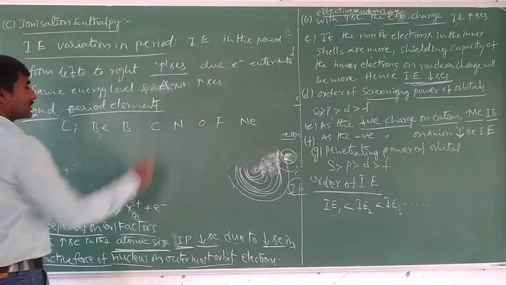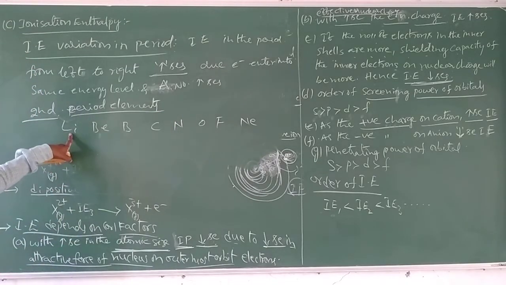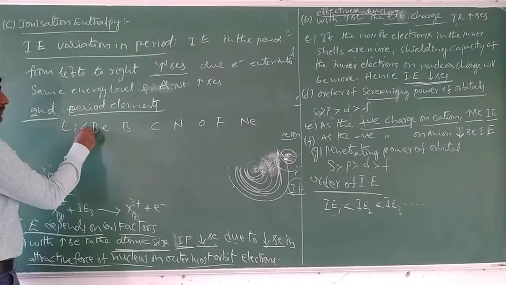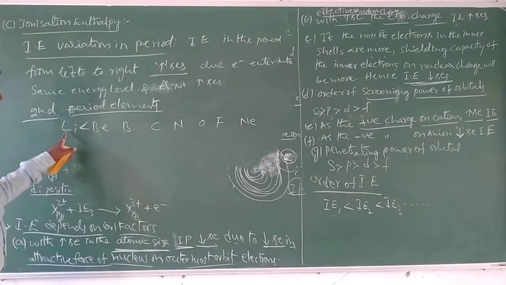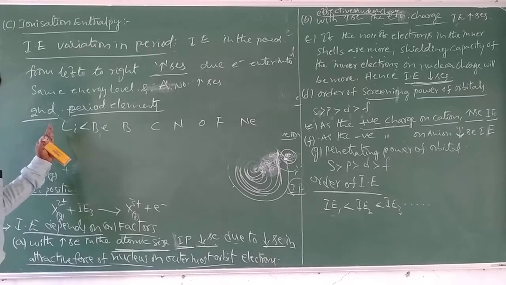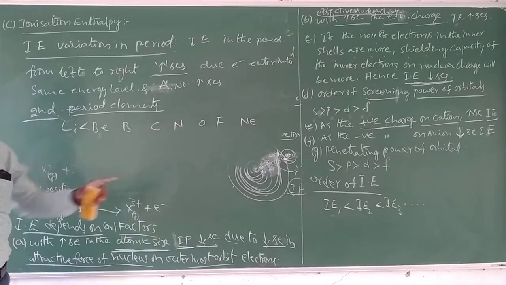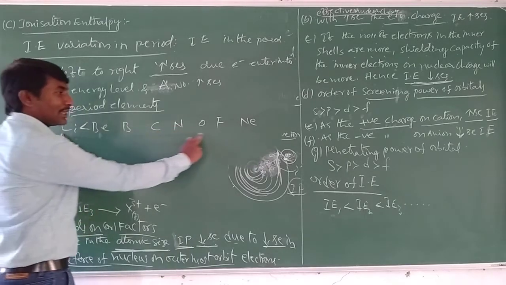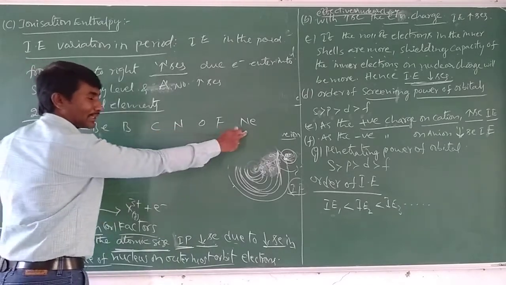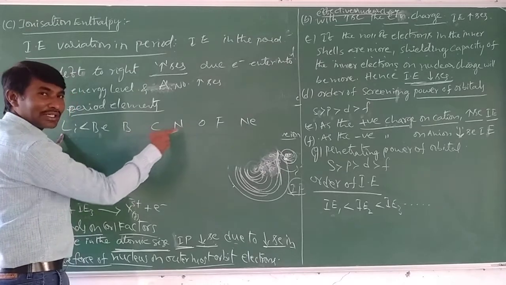So what happened here? Boron's ionization enthalpy is less than beryllium. Metallic character decreases from lithium to neon. Atomic size in the same period also decreases from left to right.